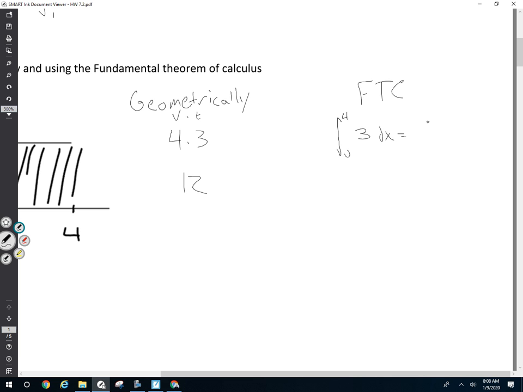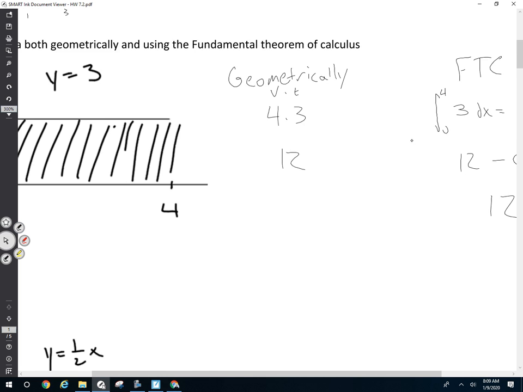I will take the antiderivative of 3. I get 3x, and I'm sorry, it's 3x plus c. That's the antiderivative, but the c will go away when I plug in 0 and 4. I get 12 minus 0. That's 12. So I get the same answer, really, 2 different ways.